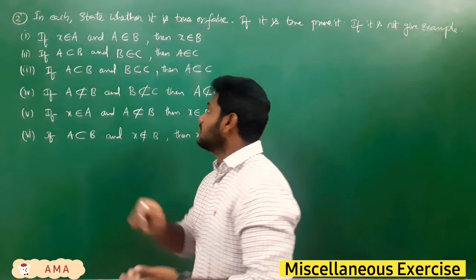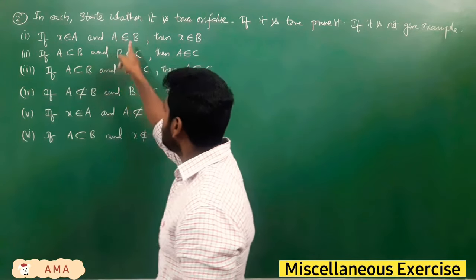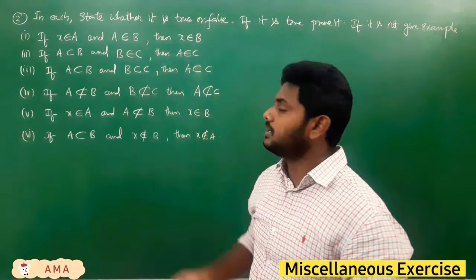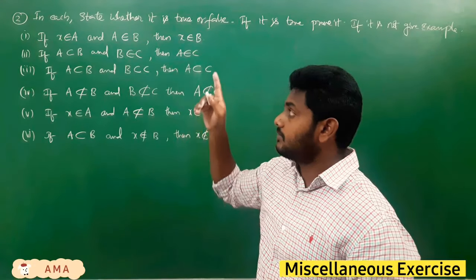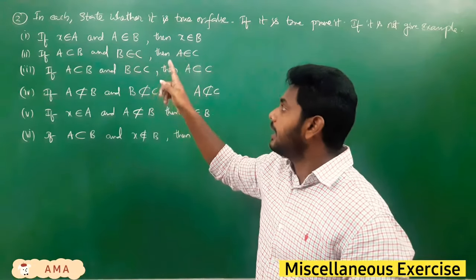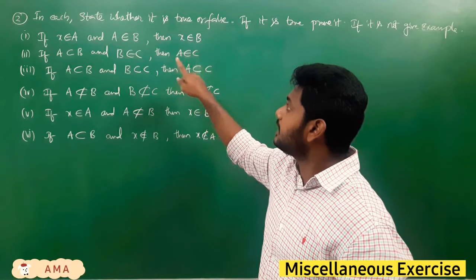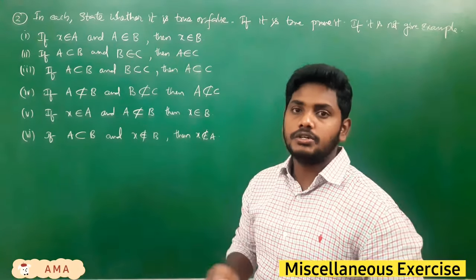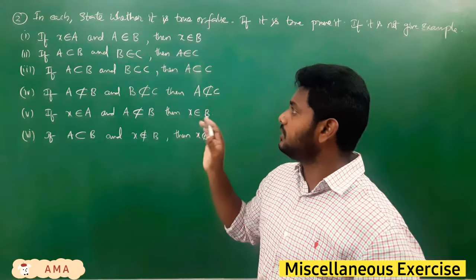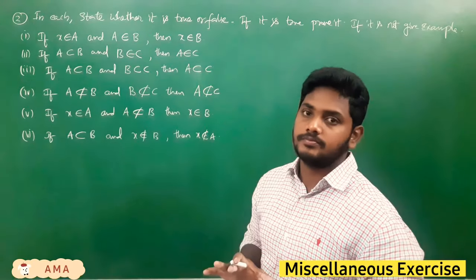First one, you see: if x belongs to A and A belongs to B, then x belongs to B. Listen carefully. Is it true or not? So you need to analyze and imagine.